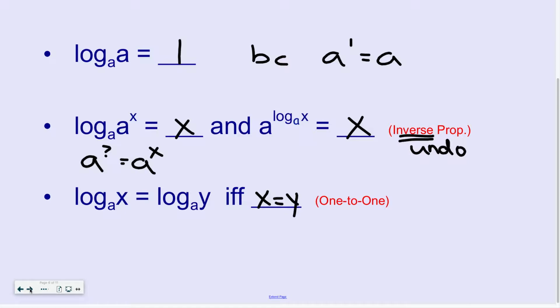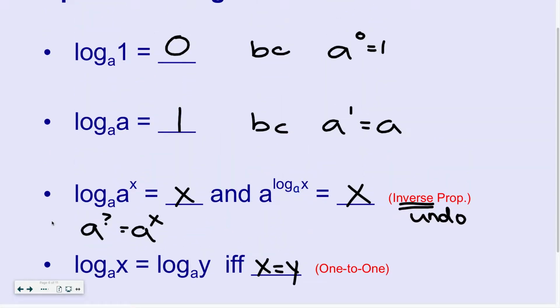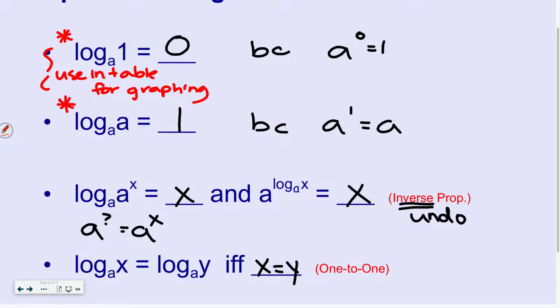Okay, so I'm going to put stars next to the first two properties. I'm always going to use those two properties in my table. They'll be really easy to evaluate if I put in the right values for x into my log function.